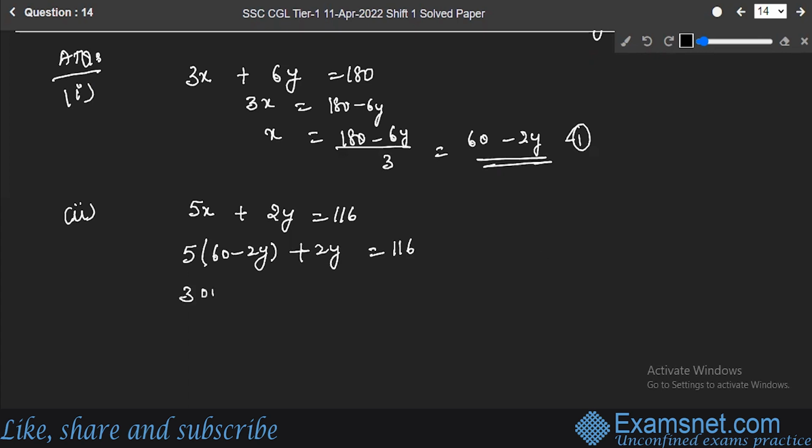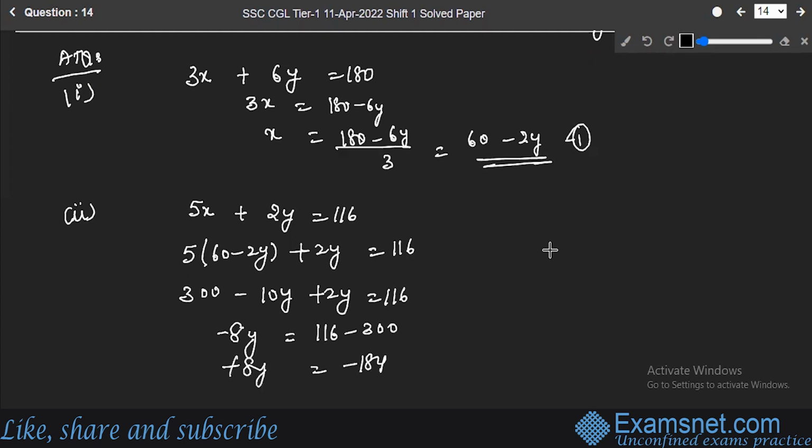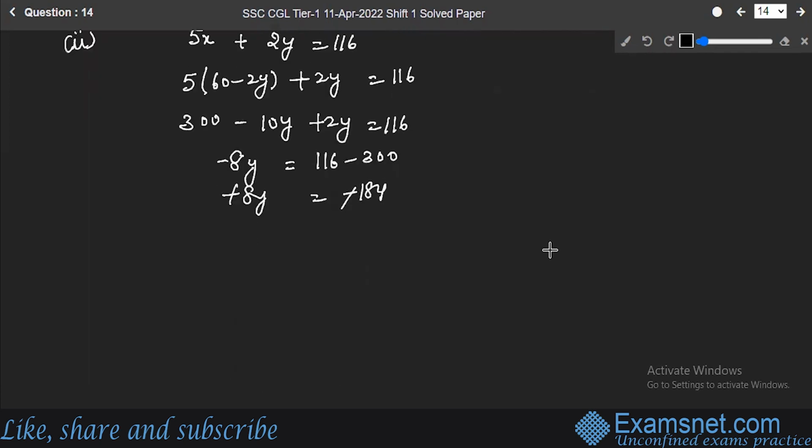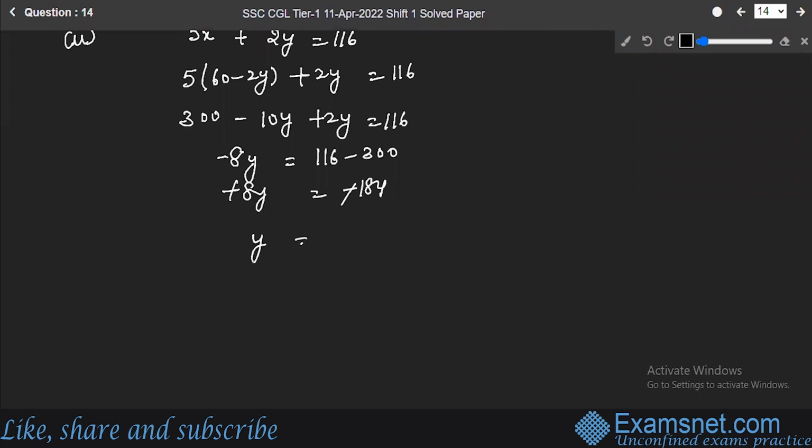So this will be 300 minus 10y plus 2y is equal to 116. This will be minus 8y is equal to 116 minus 300, which is equal to minus 184. Okay, so this minus and minus will get cancelled, and you will have y is equal to 184 divided by 8, which will be 23.